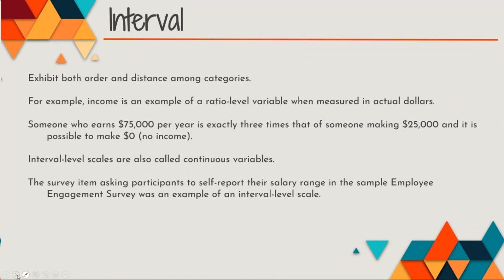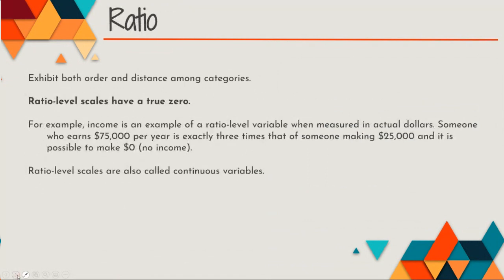Interval level scales are called continuous variables because they're on a scale. We know that 75 is higher than 50 and 50 is higher than 25. So those are considered continuous variables. And finally, the only difference between an interval and a ratio variable is that ratio variables have a true zero.